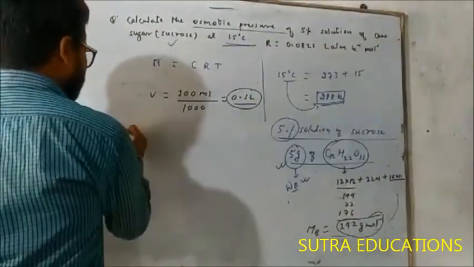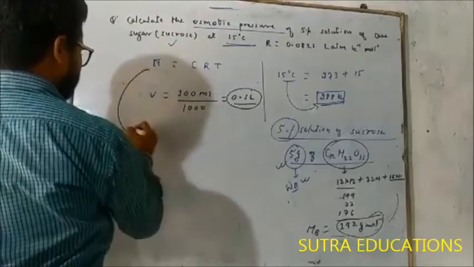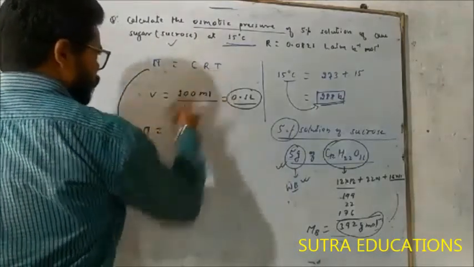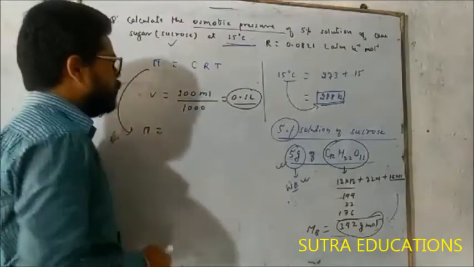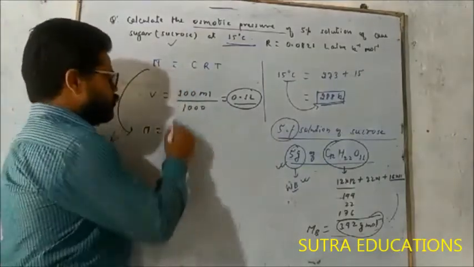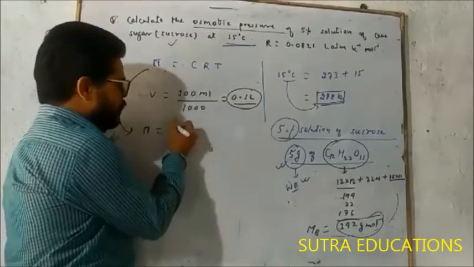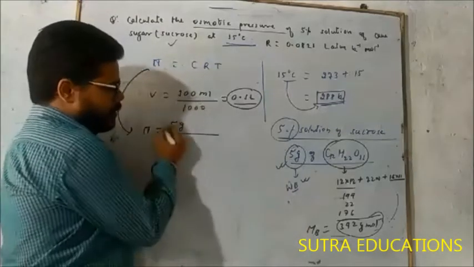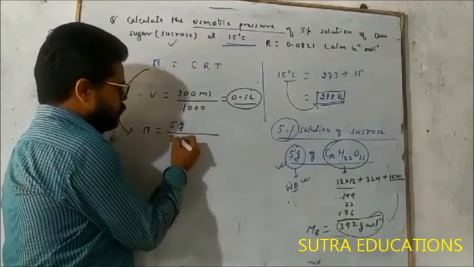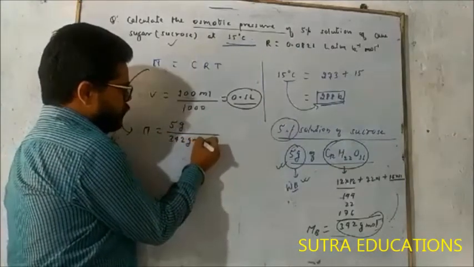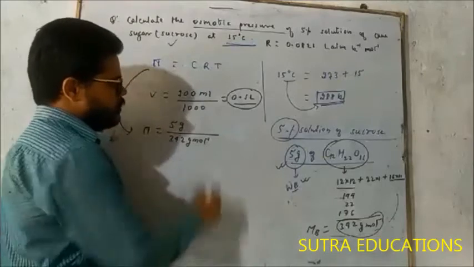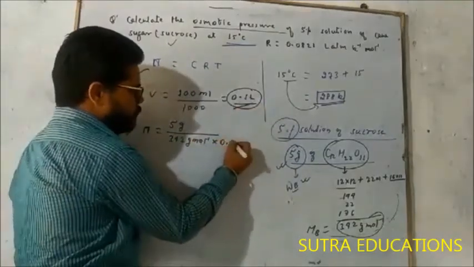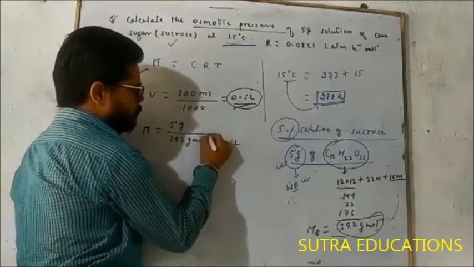Pi is equal to CRT. C is number of moles of solute upon volume of solution in liter. So number of moles can be found as 5 gram upon its molar mass 342 gram mole inverse, into volume of solution in liter, 0.1.